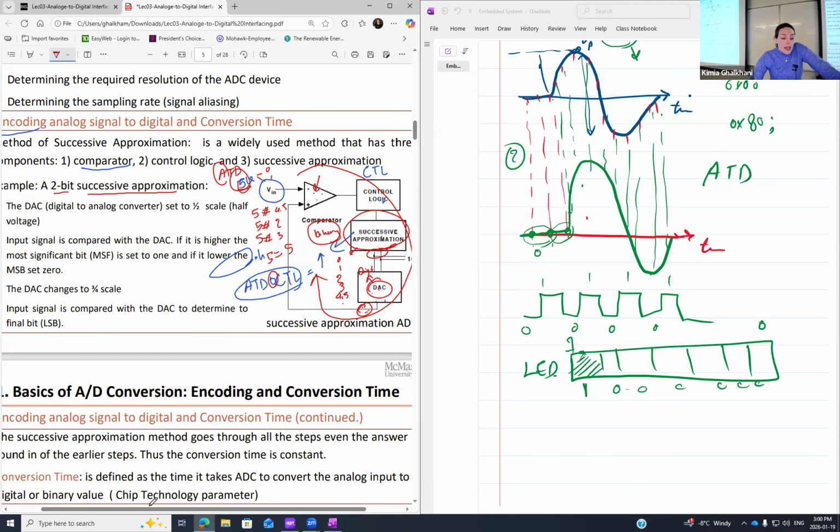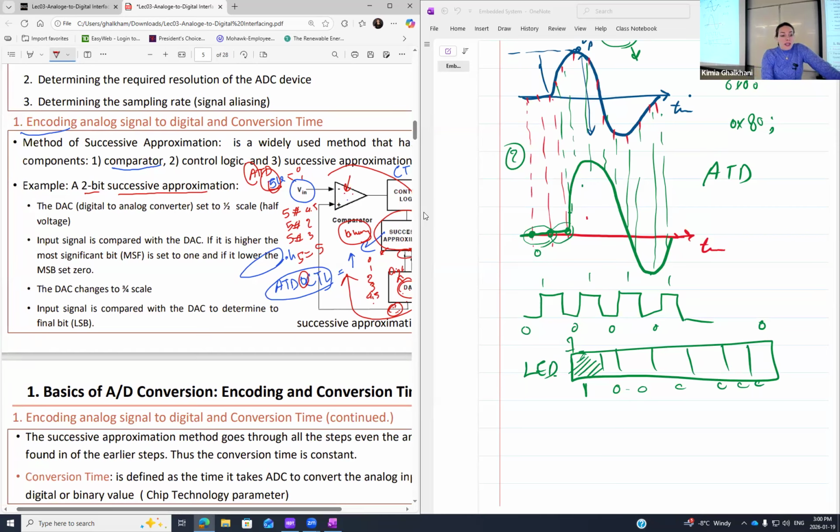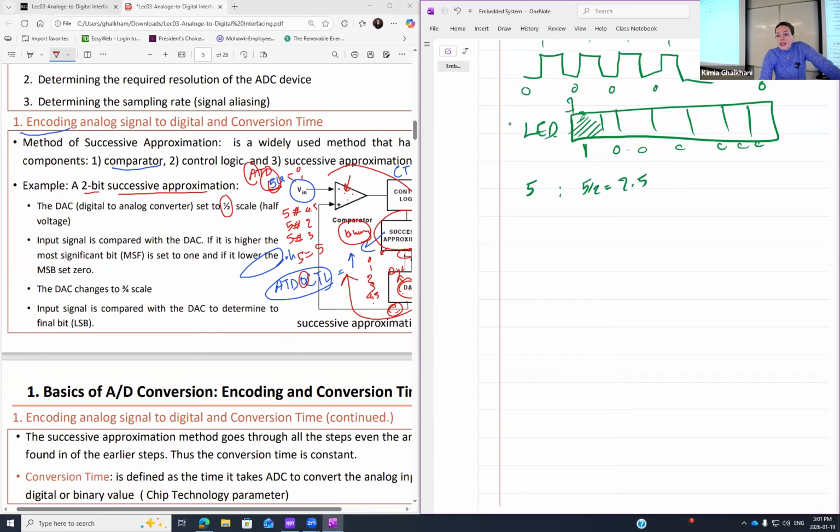Okay. Now let's review whatever I said. I said the digital to analog converter, if I'm going to do it manually, and I'm going to teach you how to do it manually, is set to half. So first, if it is 5 volts, it will be divided by 2, making it 2.5. That's the first step.